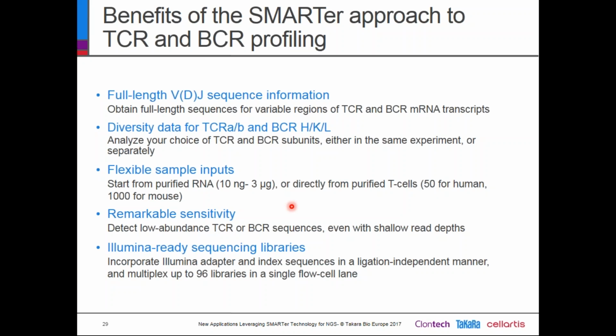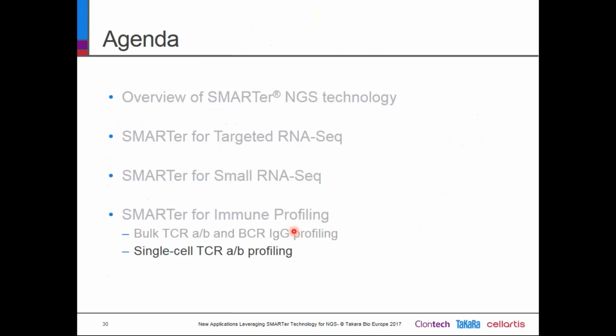You will be able to identify low abundance TCR or BCR sequences. And the other benefit is that you are getting Illumina ready to sequence libraries, and all the indexes are included and will allow you to multiplex up to 96 libraries in the same flow cell lane.